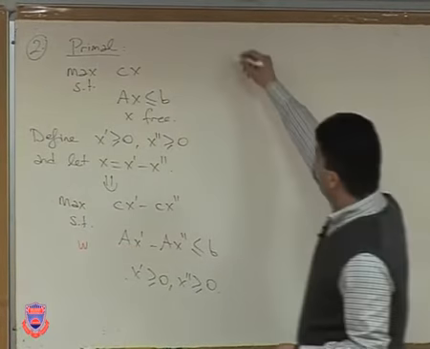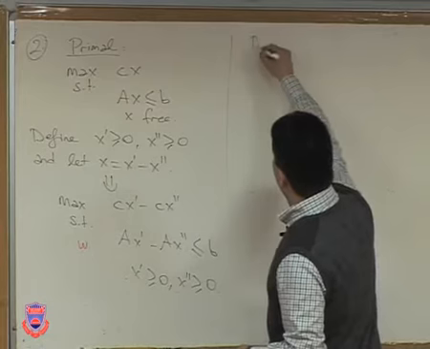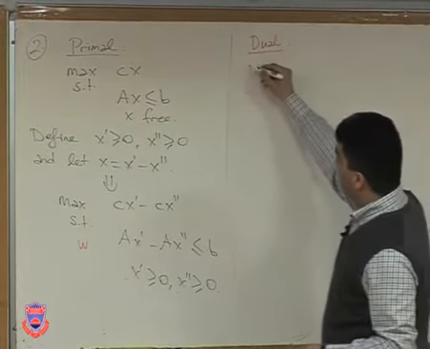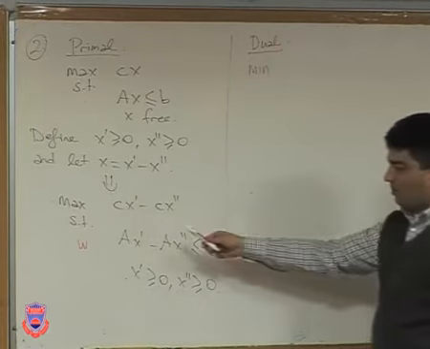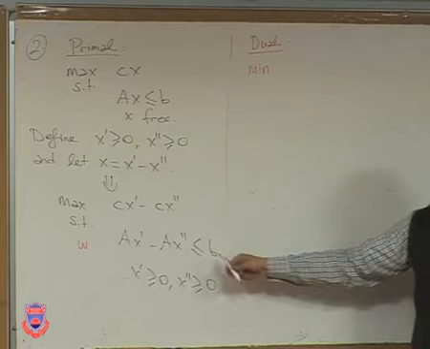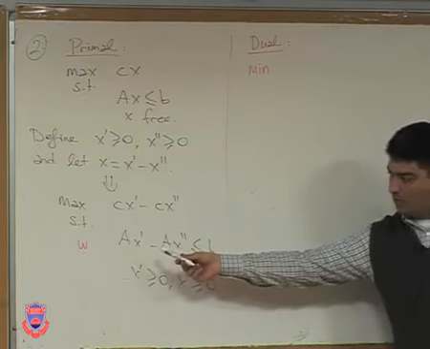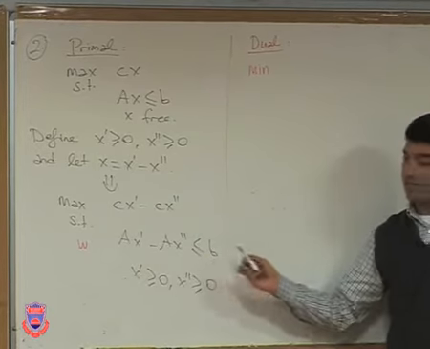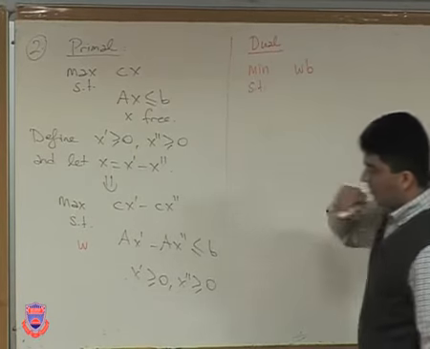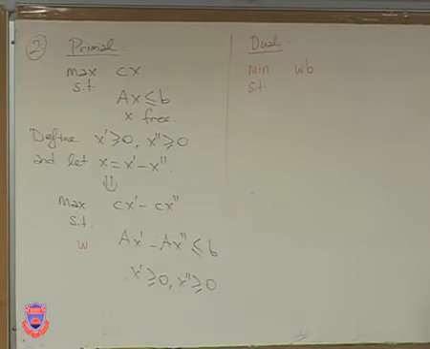All right, so what does the dual problem look like? Well, let me start with the objective function. It's going to be a minimization problem. So what's the objective function of the dual problem? It's going to be w times b, basically, right? So the objective function does not change. What about the constraints? Now, once again, you should be careful here.